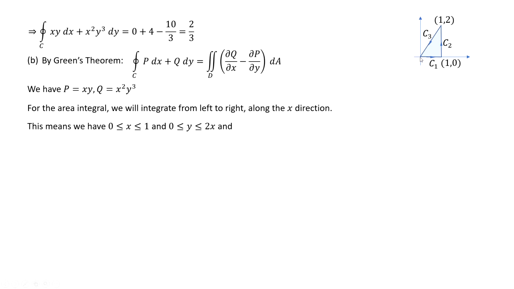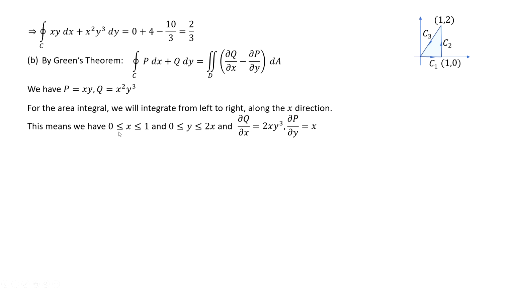In this case, the rise is 2 units for a run of 1, so 2 divided by 1. So slope is 2, and therefore y equals 2x is the equation of the line. Why do we need to know that? Because we can say that y goes from 0 to 2x.